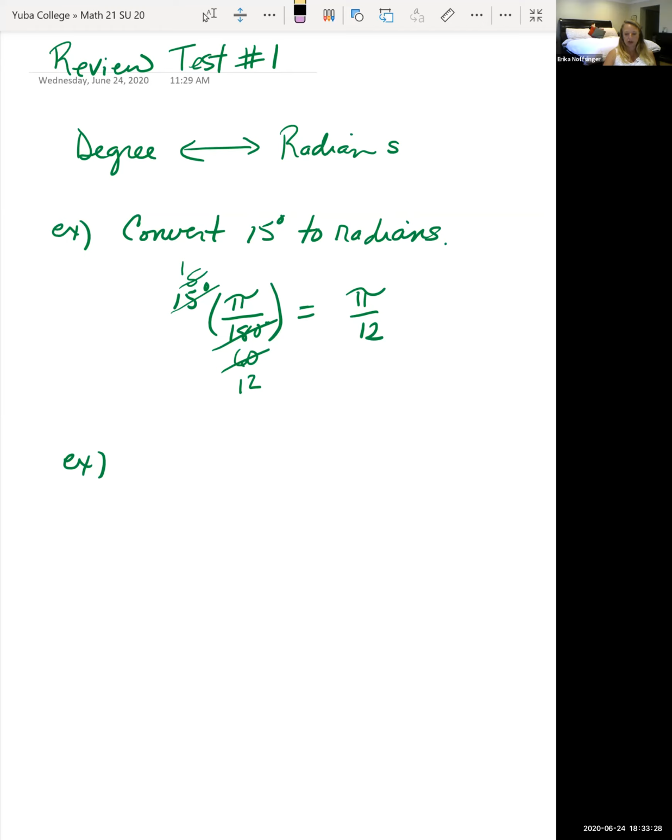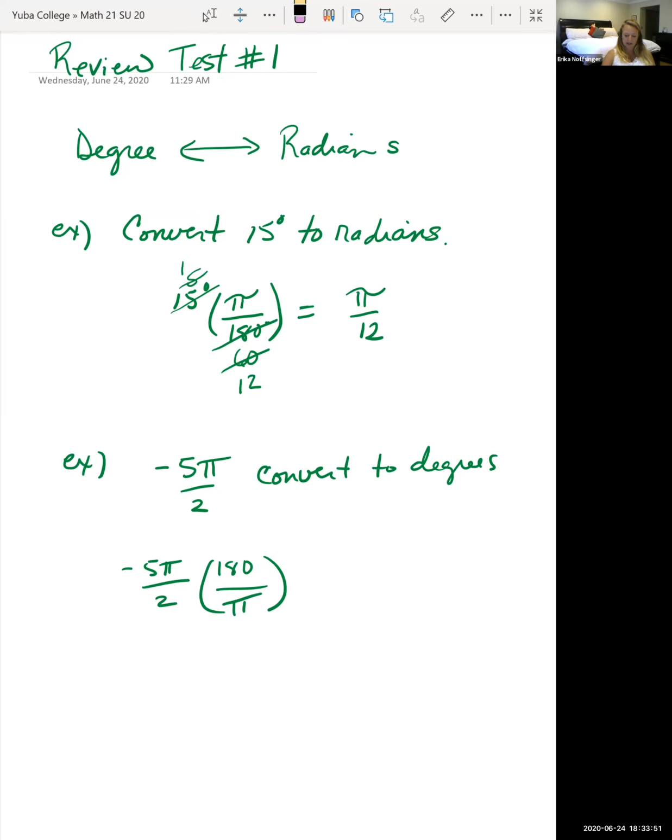And then you should be able to go the opposite direction. So maybe we have negative 5 pi halves, and it says convert to degrees. Instead of multiplying by pi over 180, it's 180 over pi.